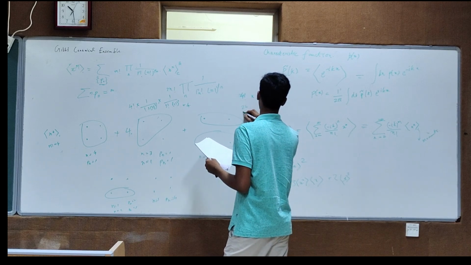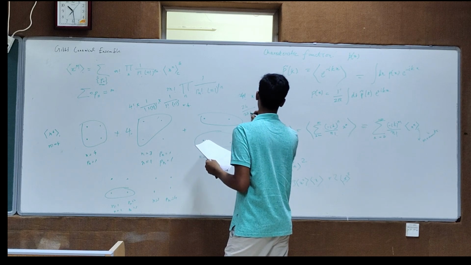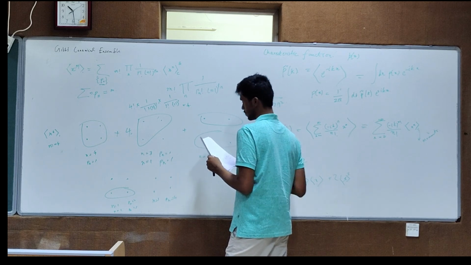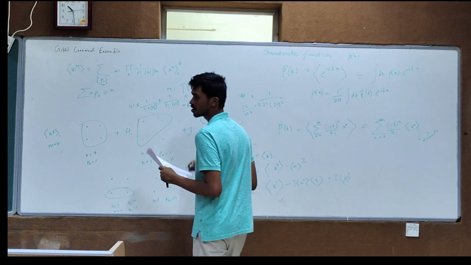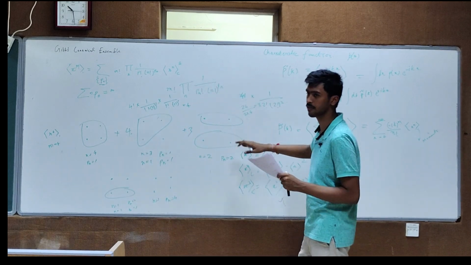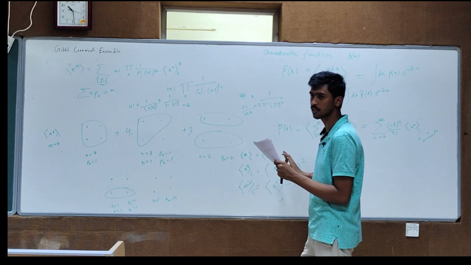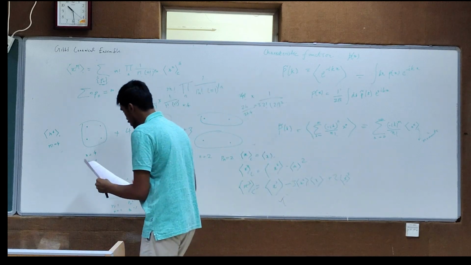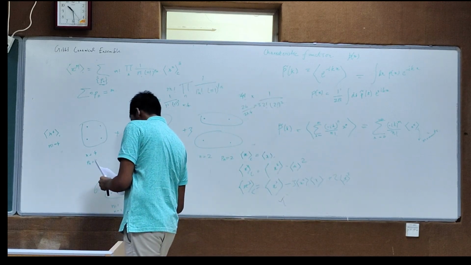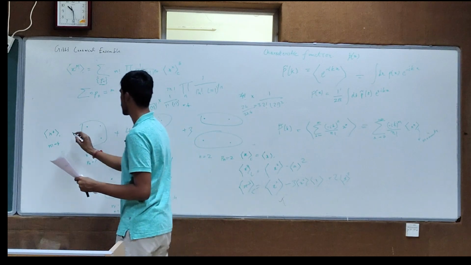So this is 24 by 2 into 4, which is 3. So the coefficient of this term is 3. Do you understand the process of finding the coefficient? So the coefficient of this comes out to be 6, and this comes out to be 1, and this also 1.